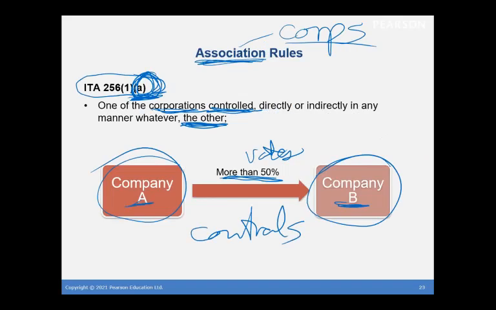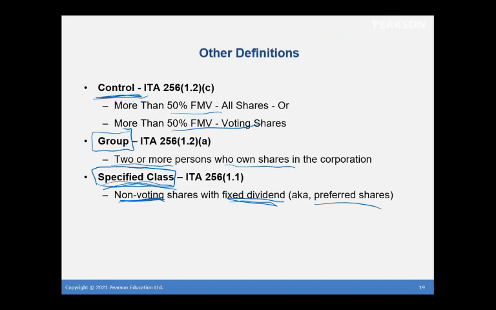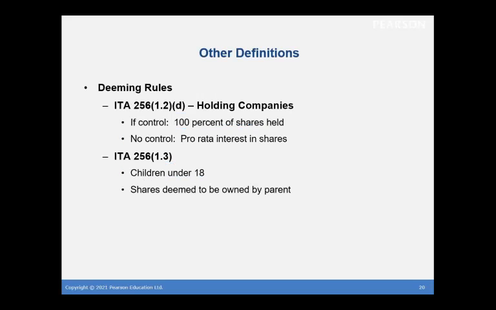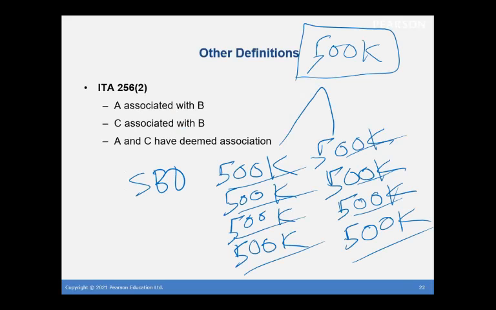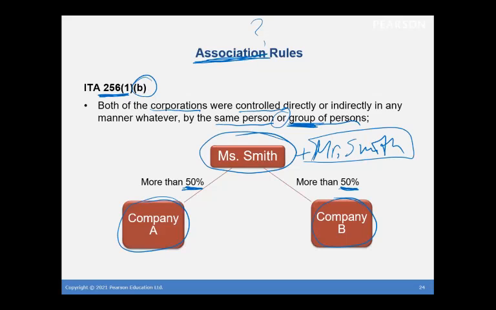So remember that the definition of group was very simple: two or more persons who own shares in a corp. Not a high bar to reach there to be considered a group. The question is, as a group, do you control?